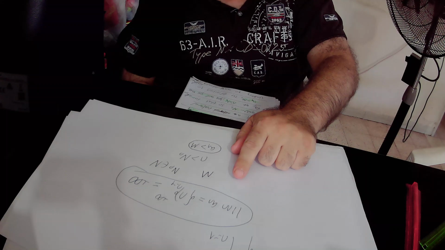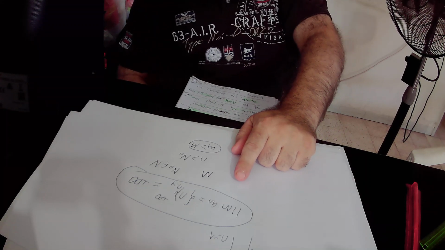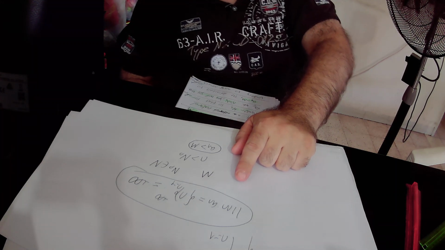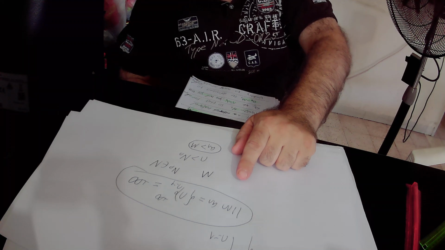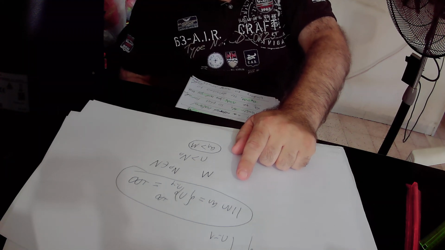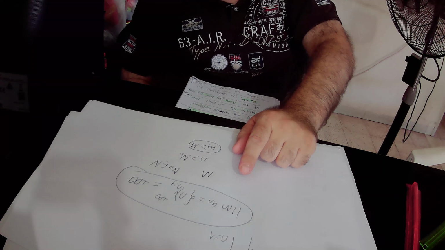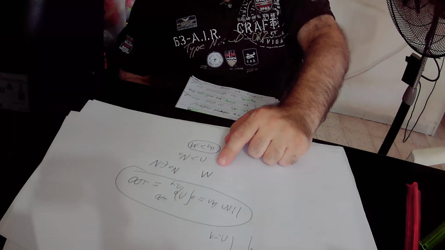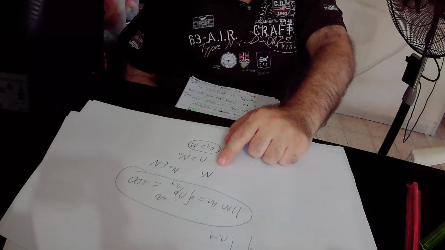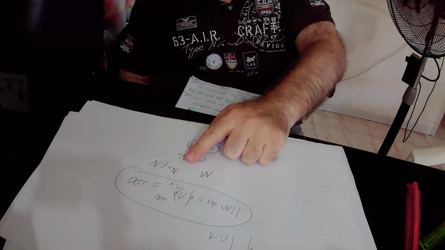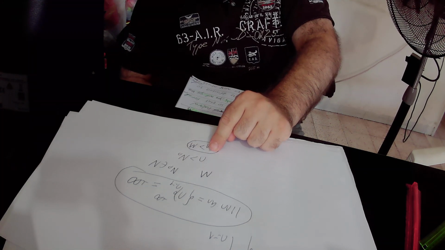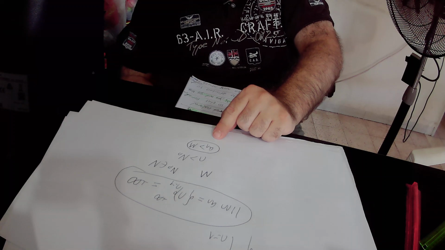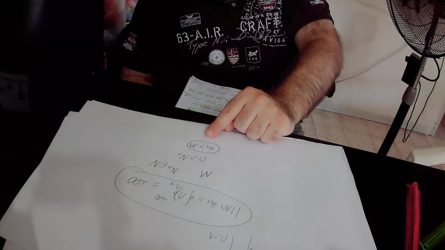Again, the limit of sequence an when n goes from 1 to infinity will be equal to plus infinity if for any big number m we can find N0 that belongs to the natural numbers, and for any n that is greater than N0, then an will be greater than m itself.